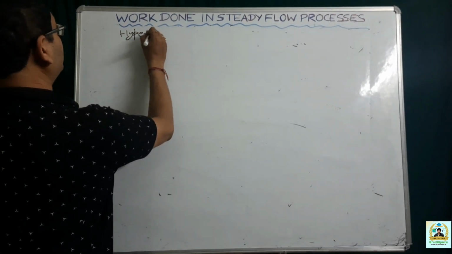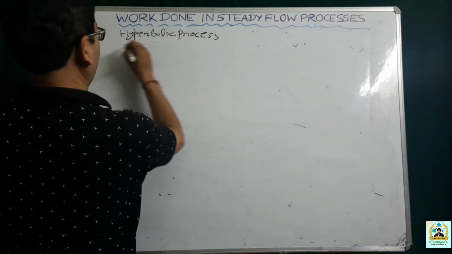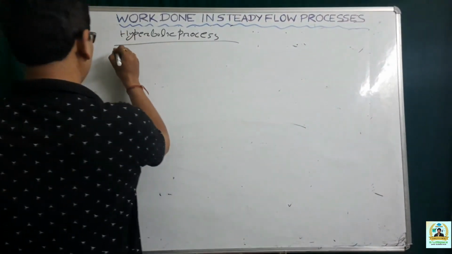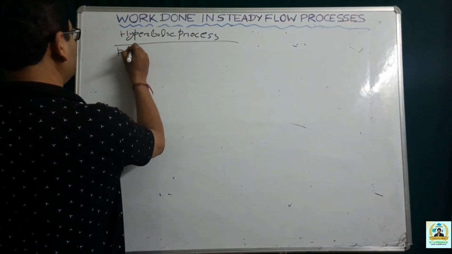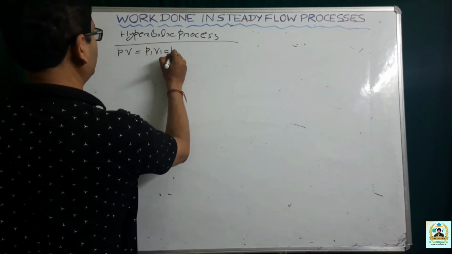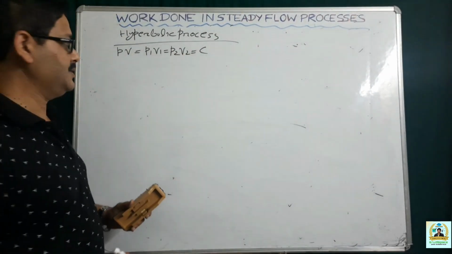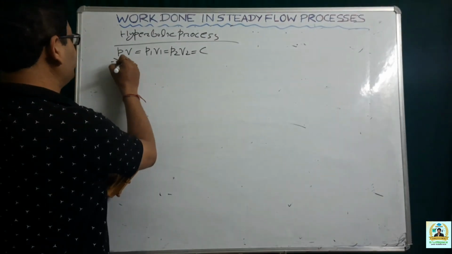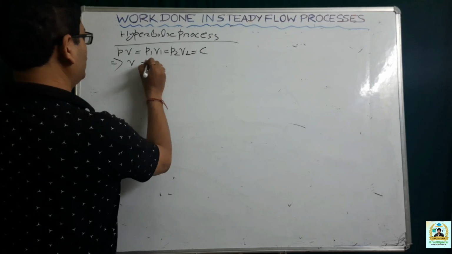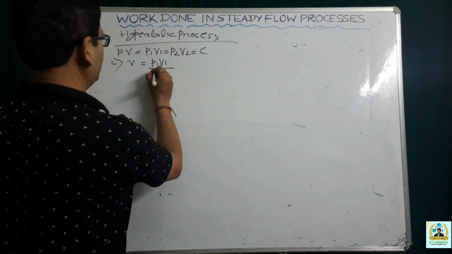So for hyperbolic process, PV is a constant. So this implies V is equal to P1V1 by P.